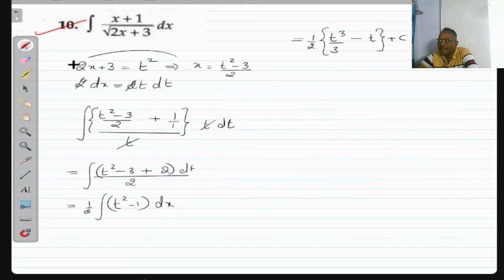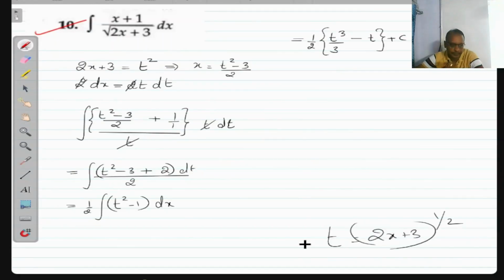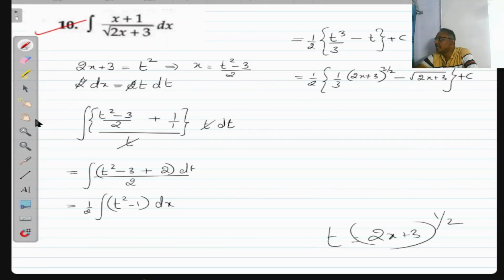But what is t for us? 2x plus 3 का half powered, root over. So what would t cube be then? 2x plus 3 का 3 by 2 powered. And what would t be? Root over 2x plus 3. That's the answer.